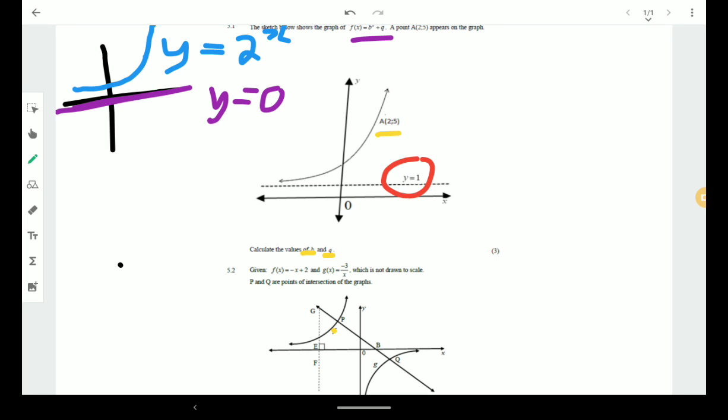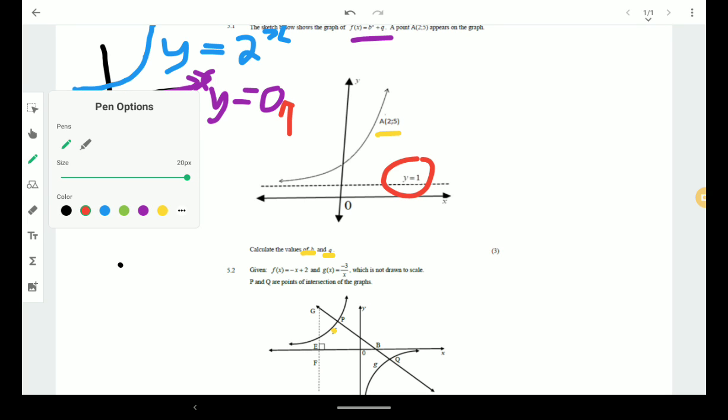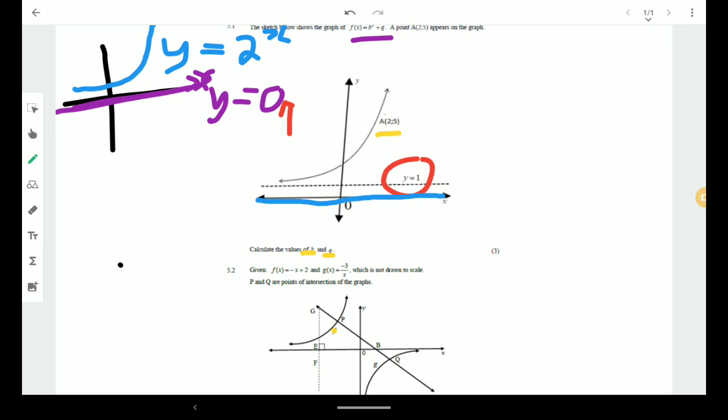In this case, the asymptote is at y = 1. That means the asymptote used to be at y = 0, and now it has moved 1 unit up.